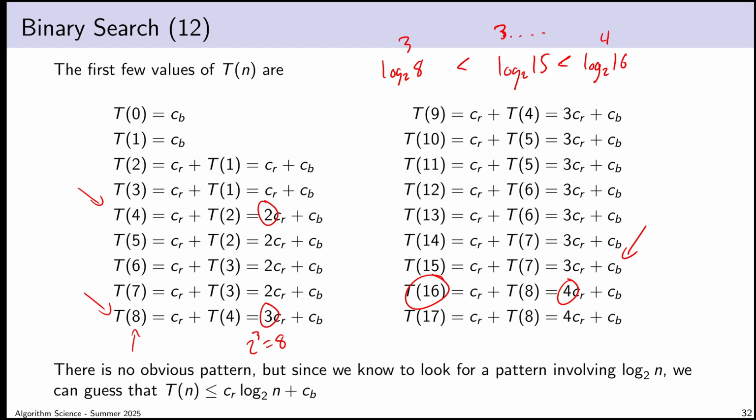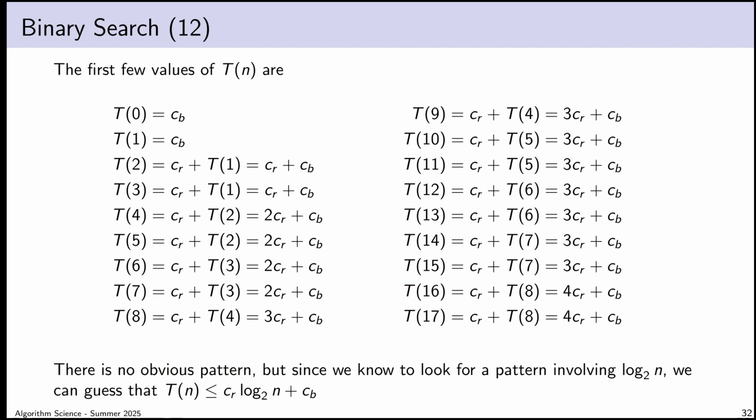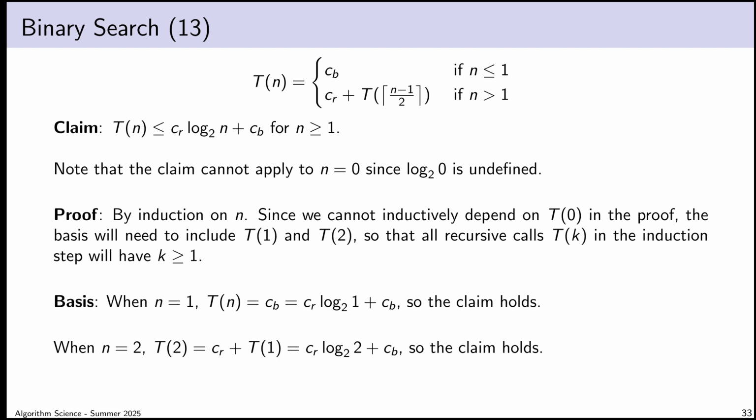So it does make sense that if I have a 3 here, what I'm sort of saying is that maybe the pattern I'm looking for is that T of n is less than or equal to CR times log base 2 of n. It doesn't matter that log base 2 of n could be some fractional value because I'm saying less than or equal to. And again, assuming that log base 2 of 15 is 3 point something, well, 3 times CR is less than 3 point something times CR. So let's try proving that.